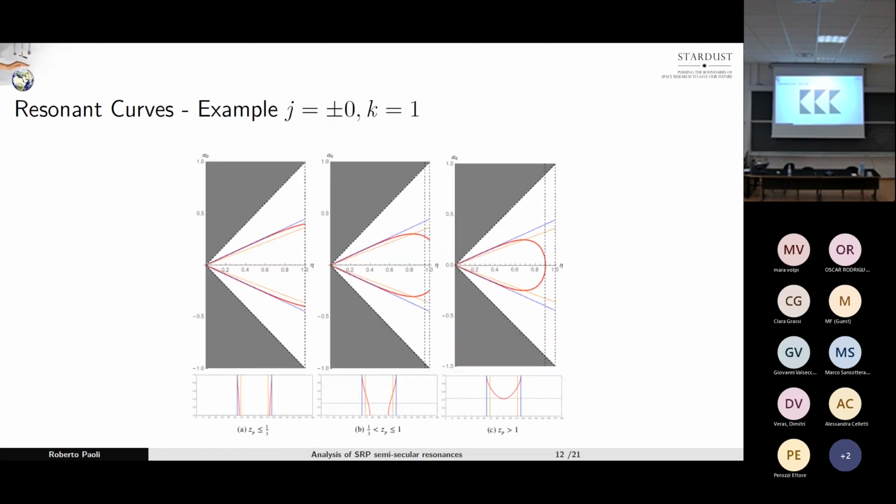This is the case, for example, of another resonant term, the one with index k equal to 1, and we can see that in this situation the resonant curve might meet at a certain point, in this case at alpha on the line alpha equal to 0. On the bottom, you can see the same plots in the inclination-eccentricity plane.